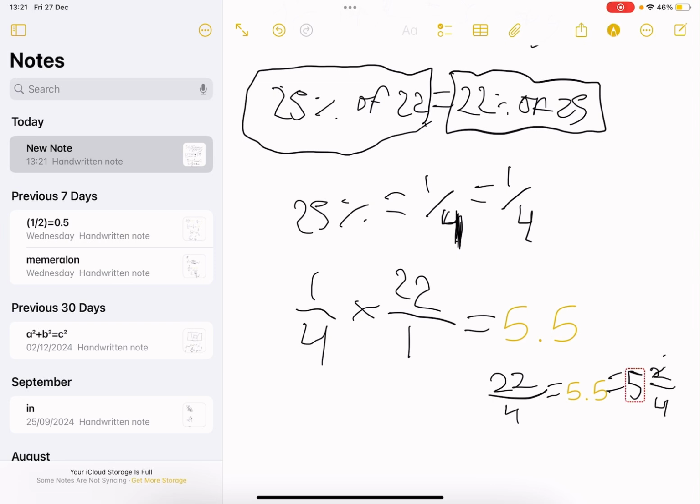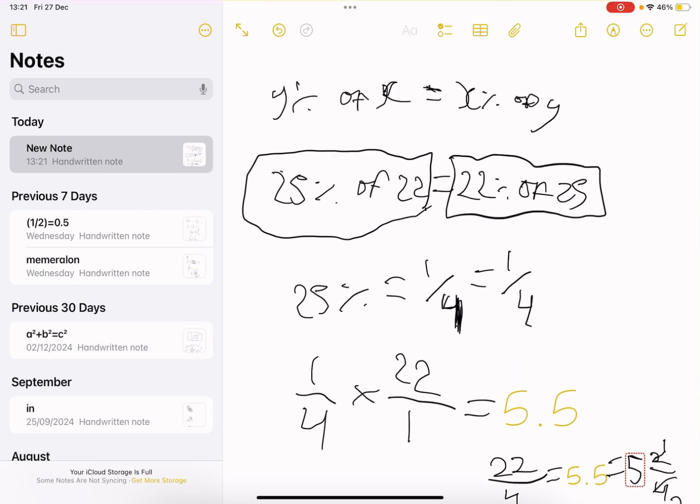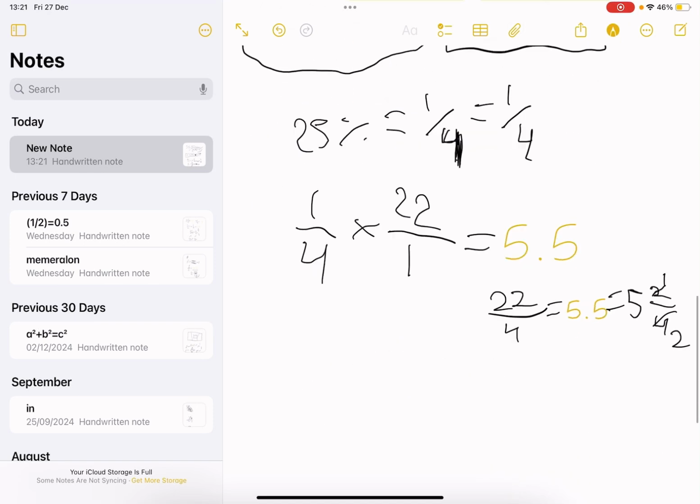So 5 and 2/4, or 5.5. Okay, makes sense.